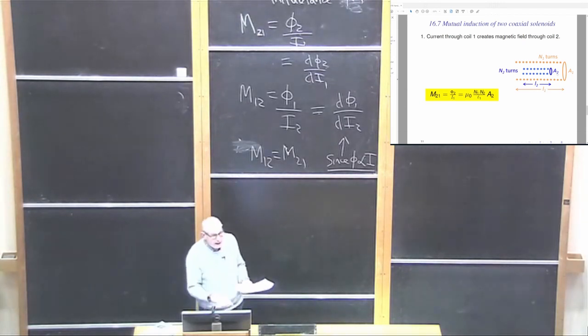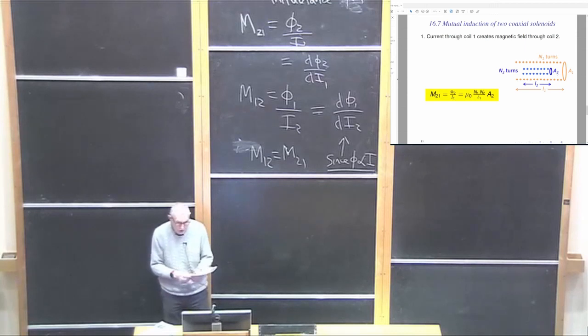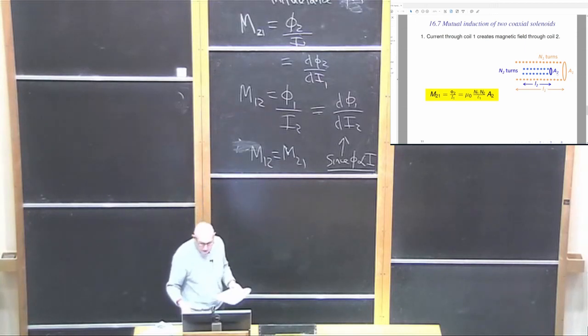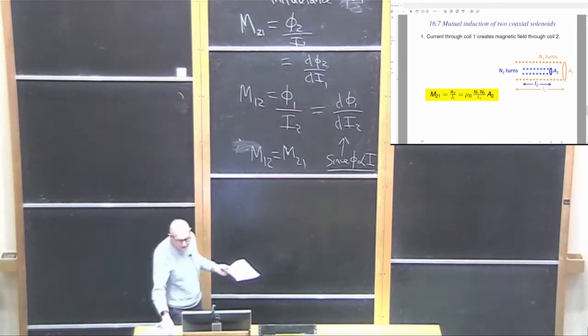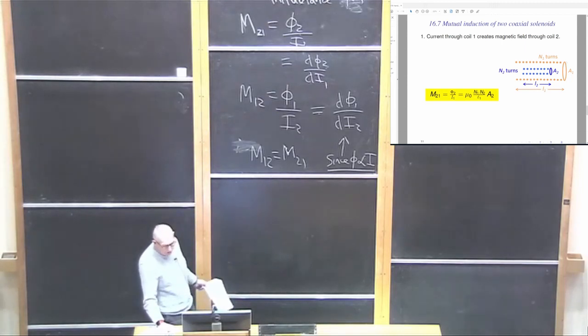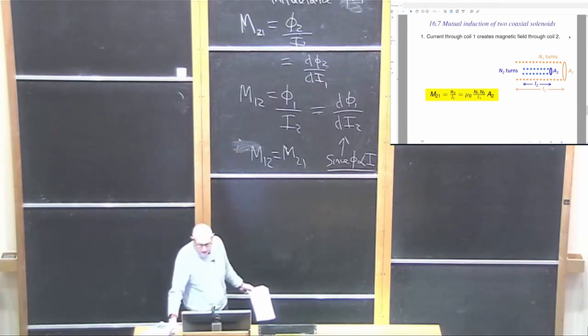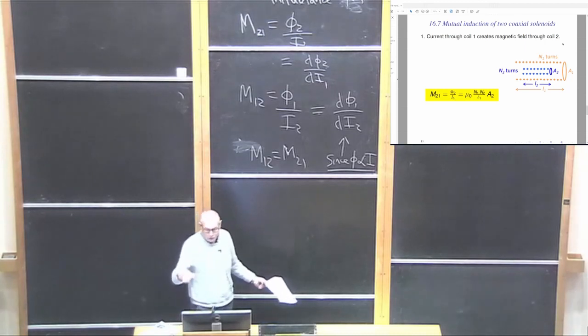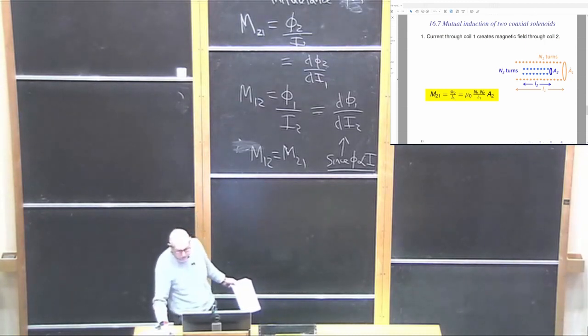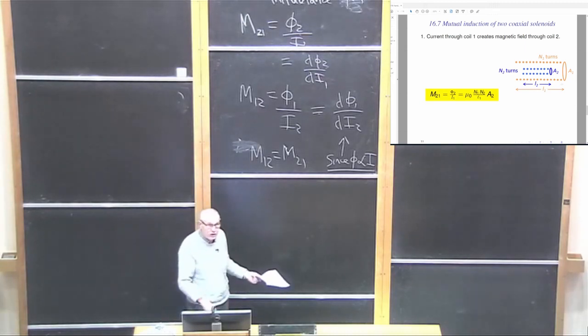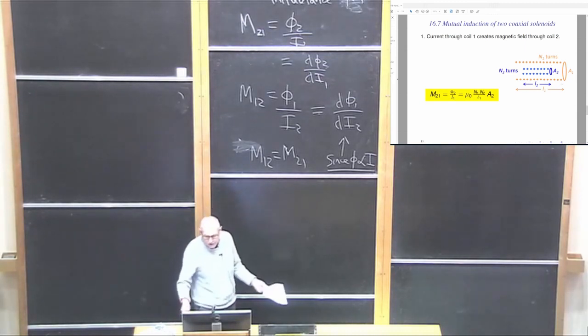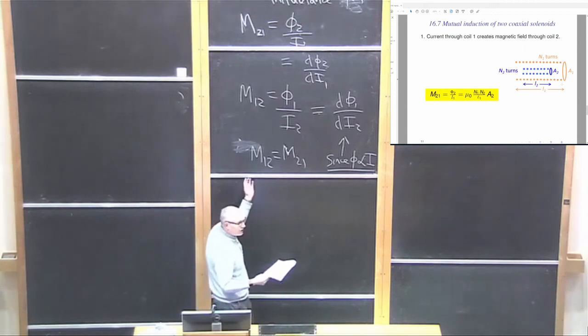So I'm going to calculate M21. Right, now I hope you can see that it's very obvious that if you change the current in coil 1 and produce a changing flux in coil 2, then all the changing field due to coil 1 is linked in coil 2. Right? It's totally immersed inside it.